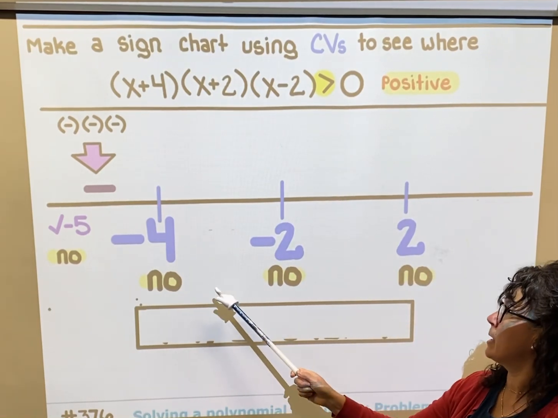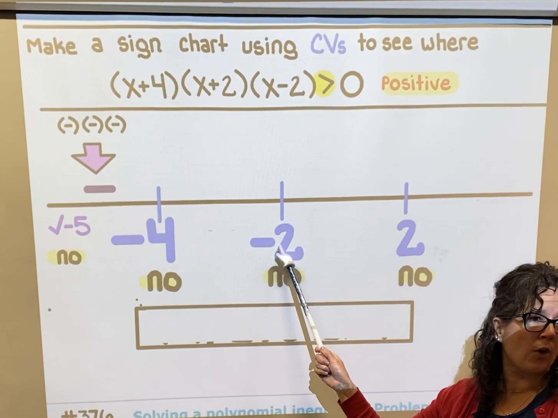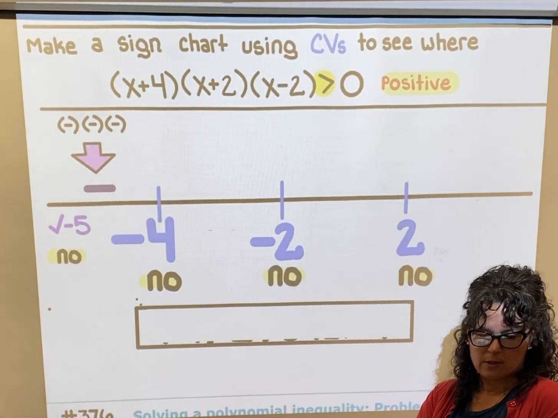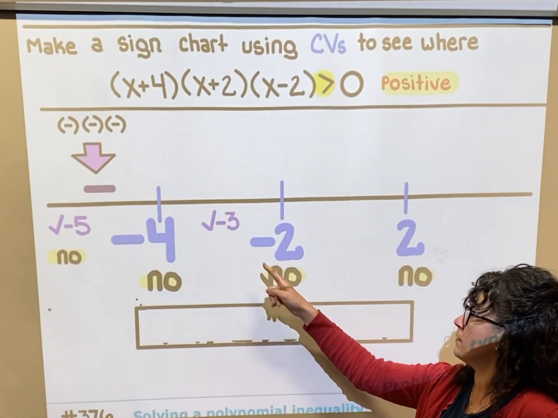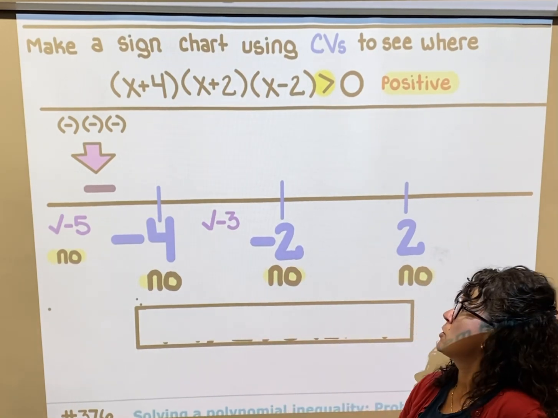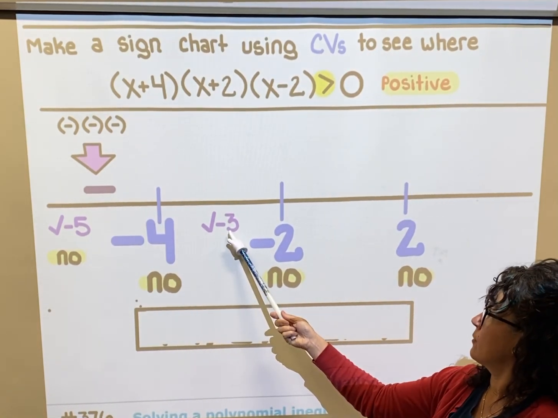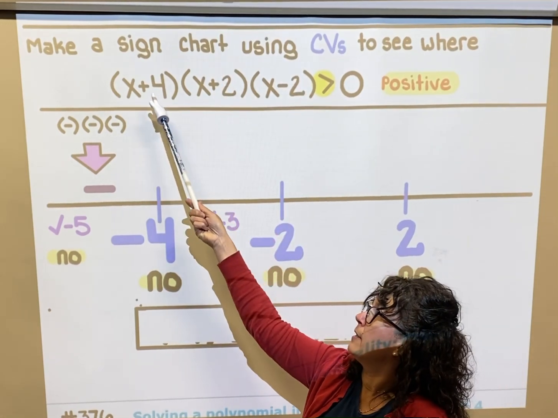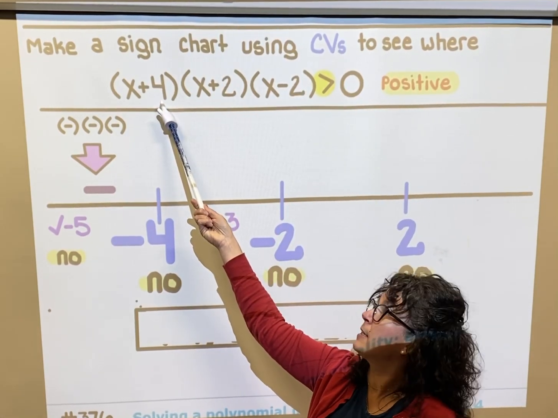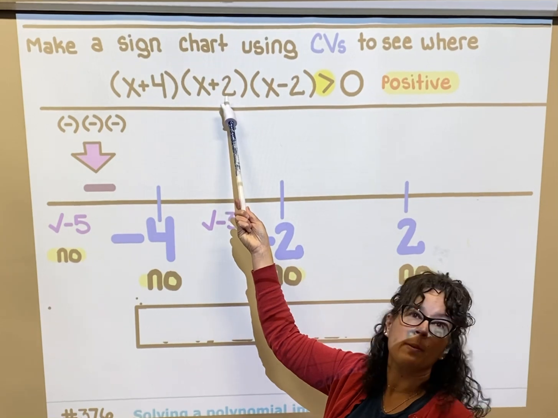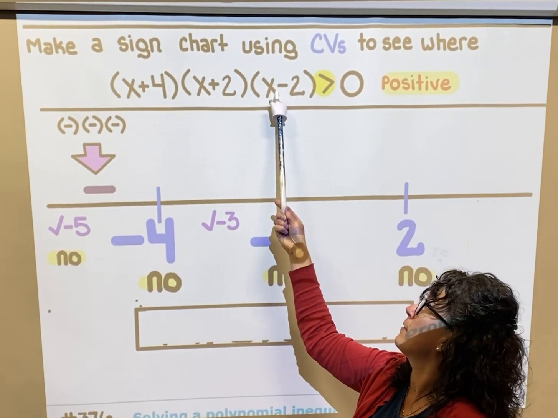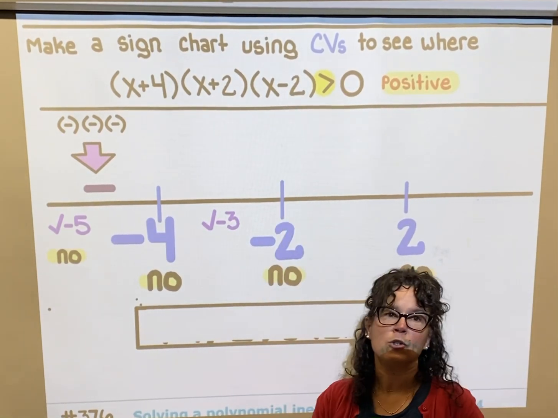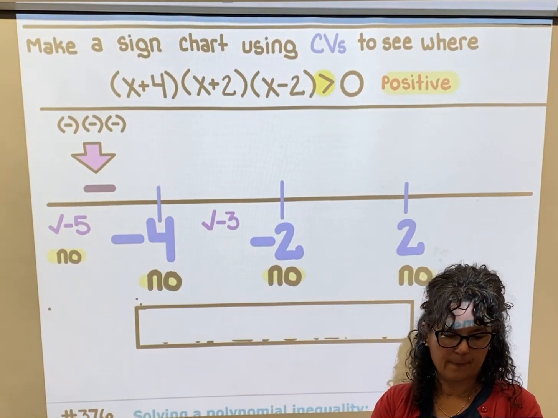Okay, so now I'm going to pick a number between negative 4 and negative 2. So I went with negative 3. So if you substitute negative 3 in here, negative 3 plus 4 is a positive. Negative 3 plus 2 is a negative. Negative 3 minus 2 is a negative.